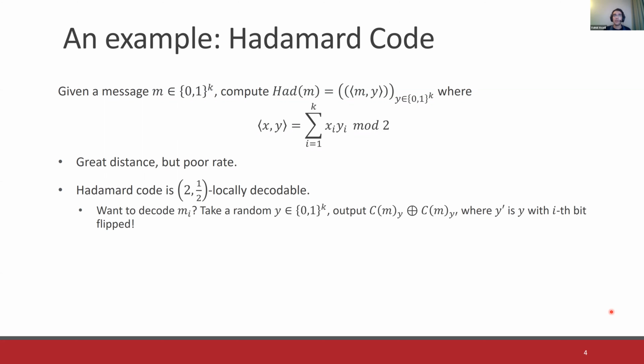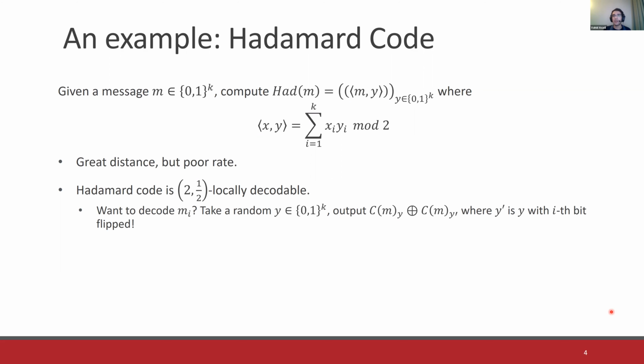You can actually decode each bit of the message by reading 2 points from the given code word. You just pick a random string from {0,1}^k.